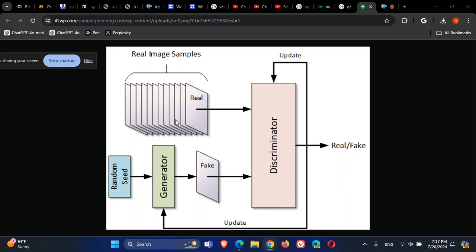We are inserting data from our dataset, going through the discriminator and teaching it our data.